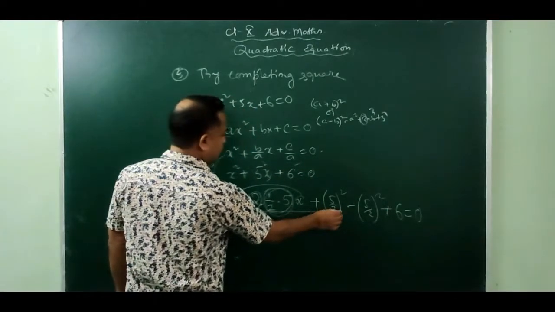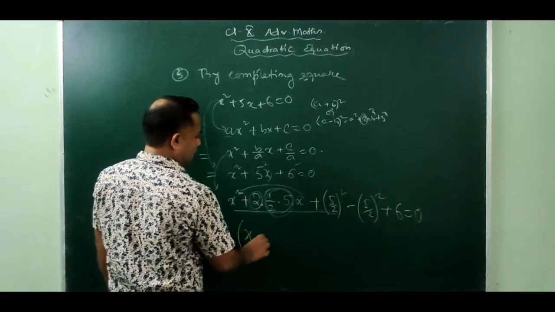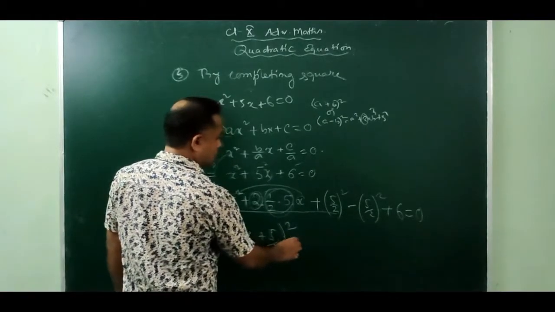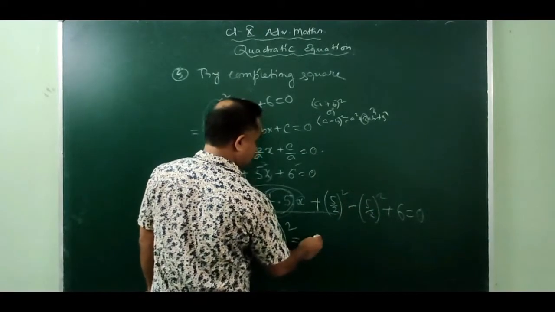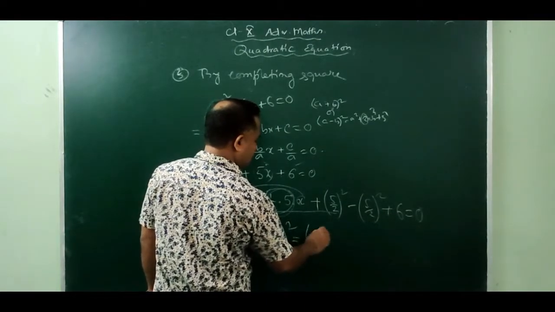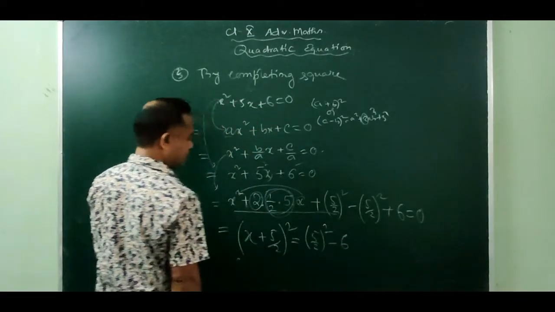So from here we get a plus b whole square. Now I will change this to that side, that is 5 by 2 whole square minus 6.